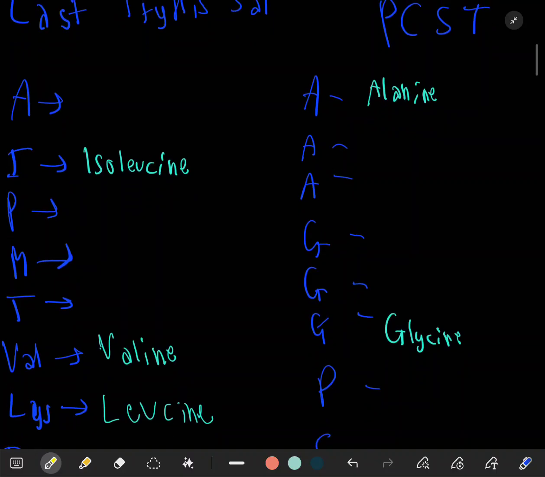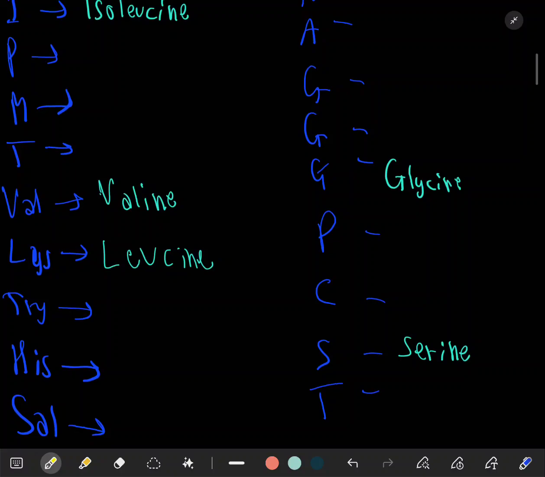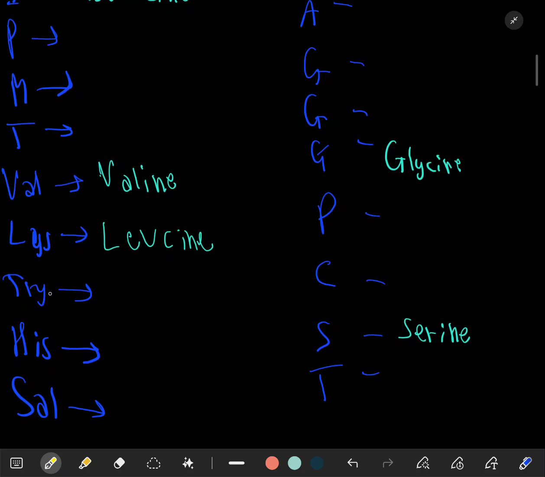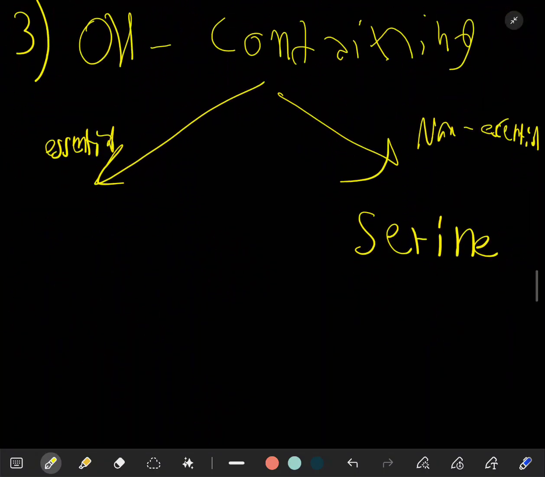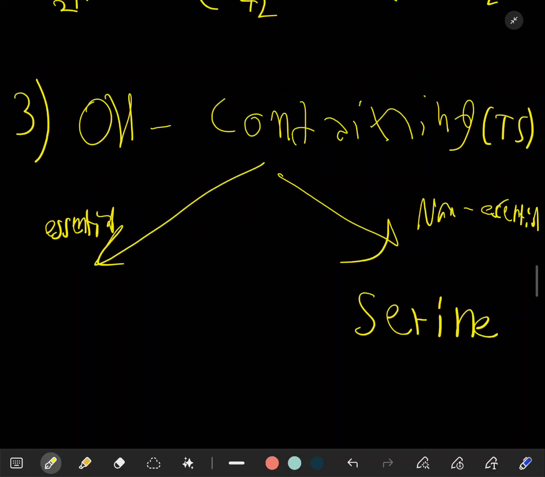As you can see, proline was cyclic, methionine is also cyclic, we will study later. Then T for tryptophan, TRI is for tryptophan, and the other one is for threonine. So we can use TS to remember these. This is threonine.